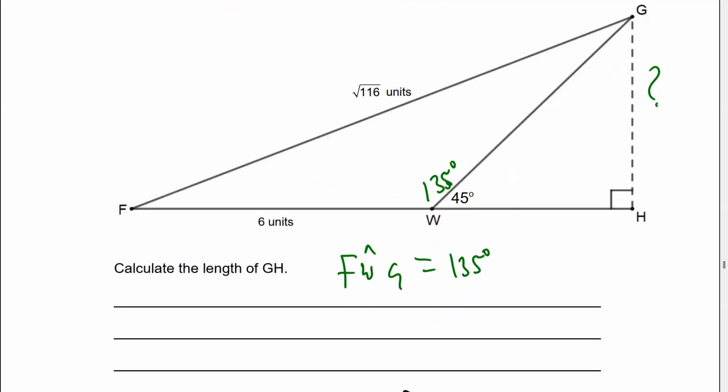Right, so after that, we can use the trigonometric sine rule, which means we can see that the sine of FGW divided by 6 is equal to the sine of 135 over the square root.